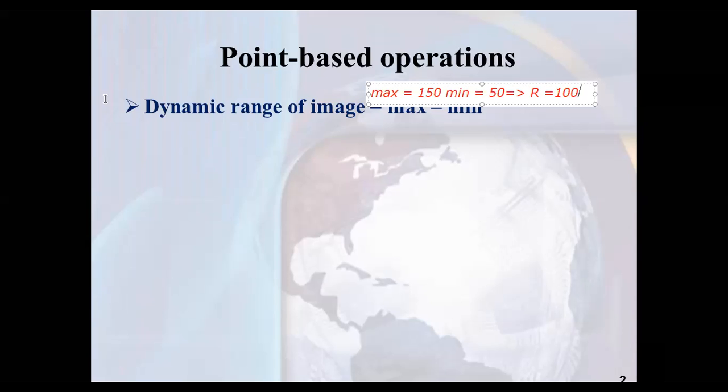We extend the maximum 150 to be 255, the white color. We extend the minimum, which is 50, to be 0, the black color, in order to have 256 colors. And by increasing the number of colors, it means more details and improved quality. So this is the idea behind studying the dynamic range of an image.